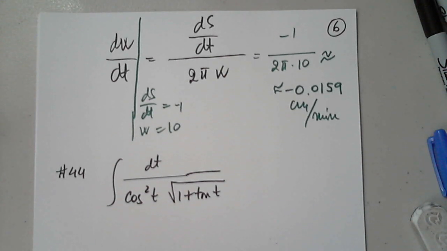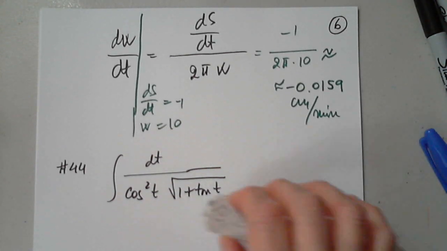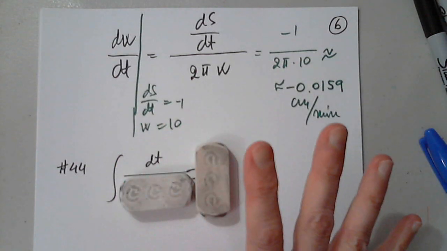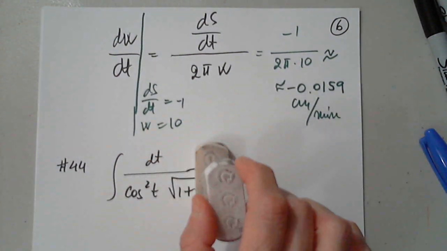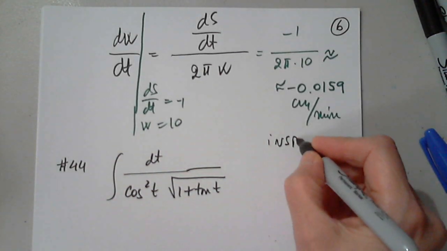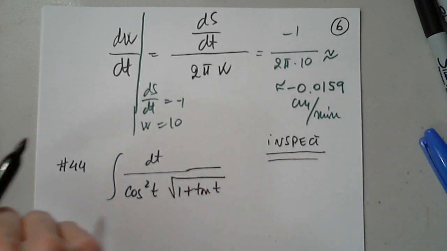Again, on this problem, you can say, where do I start? It's a weird situation. Where is my starting point? Well, again, I inspect the function. Please inspect the function. Forget about dt.